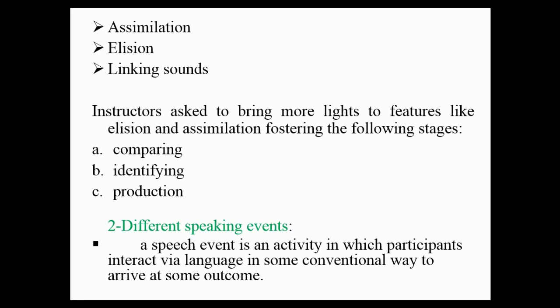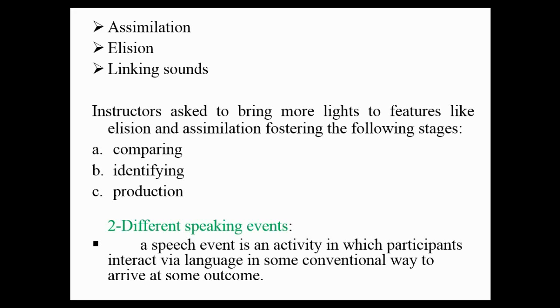And elision sometimes occurs when sounds are omitted or disappear into each other. For instance, can't finishes with the sound T, but when it is placed next to a word beginning with D, the T sound is totally omitted. Example, I can dance. And then linking sounds.